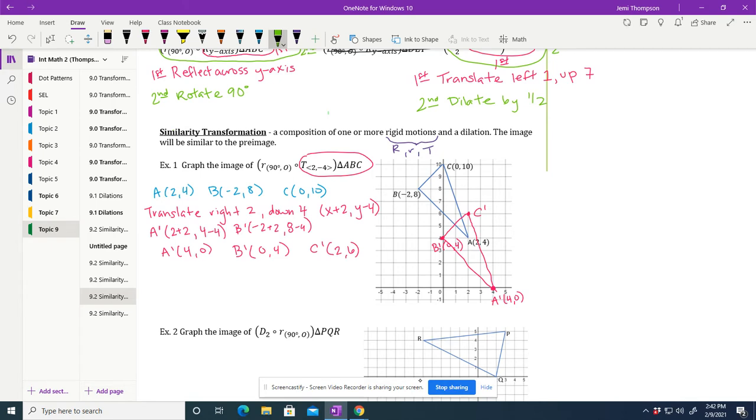That's the first step. Now I'm going to rotate it. And if you look back above, or if you remember, when I rotate something 90 degrees, I'm going to exchange the x and the y, and I'm going to take the opposite of the first coordinate.